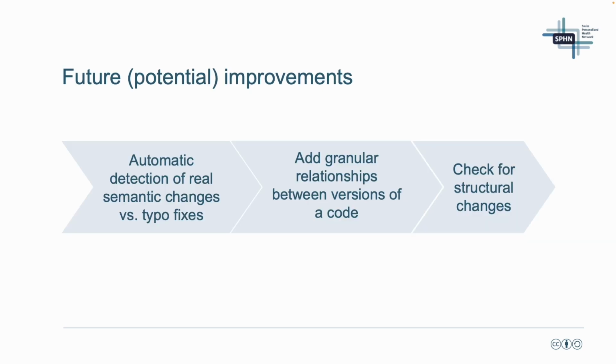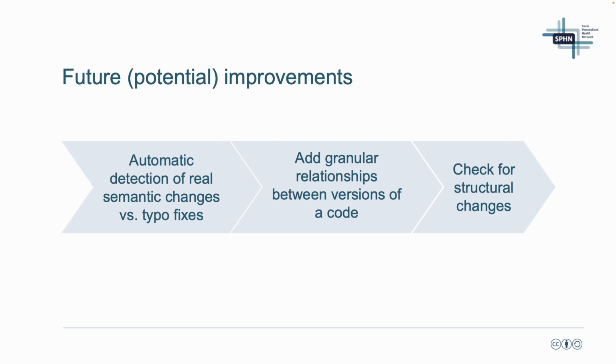In the future, we are envisioning some improvements in the way we are dealing with these historized codes. Currently, any change is considered as a possible meaning change, and it is up to the data user or the data provider to assess whether they consider that as a real semantic change or if it is just a non-semantic change. Therefore, for the future, we can try to automatically detect real semantic changes versus what could be typo fixes.